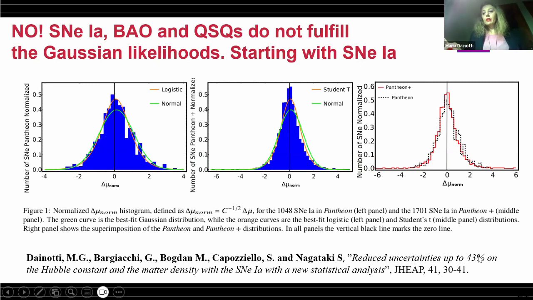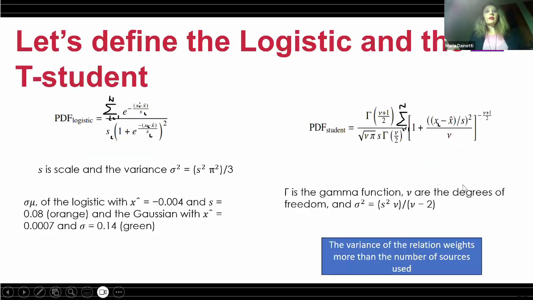So you see that these distributions actually have pretty heavy tails. But now I would like to define what the logistic and the Student distributions are and tell you why they matter for the cosmological analysis.